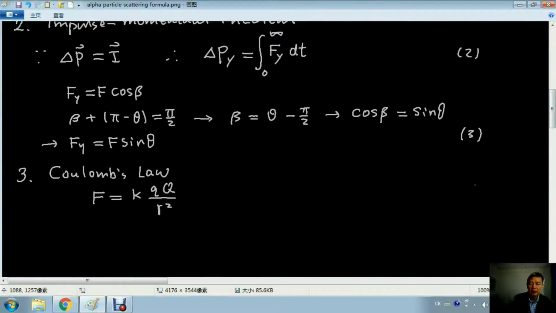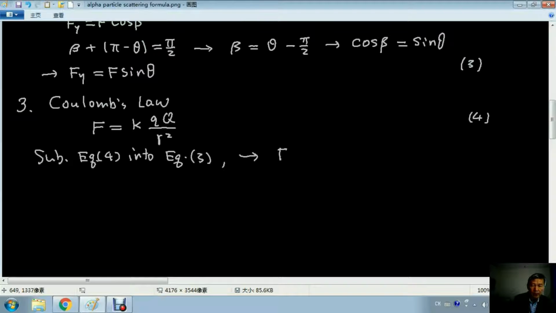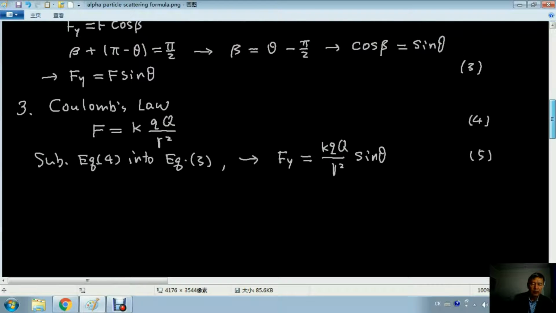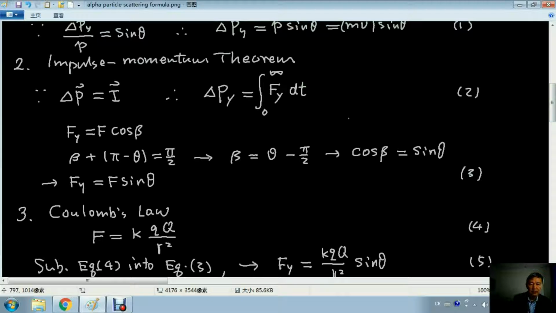This can be called equation 4. If we substitute equation 4 into equation 3, we have F y equal to K Q, capital Q, divided by R squared times sine theta. So now we obtain the formula for the y component in equation 2.